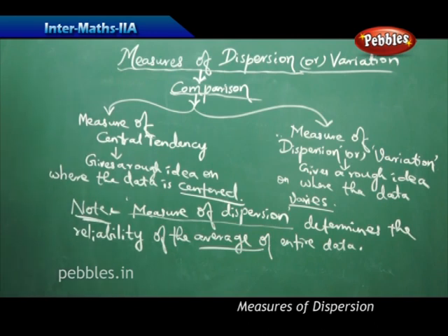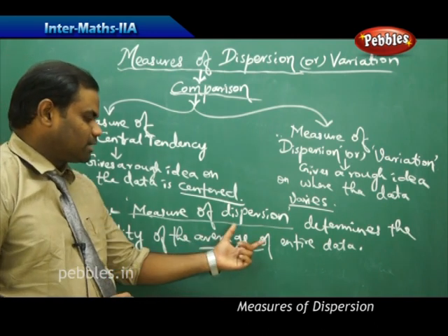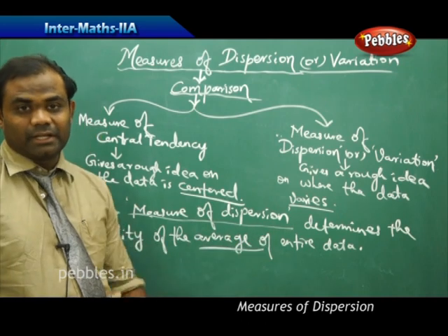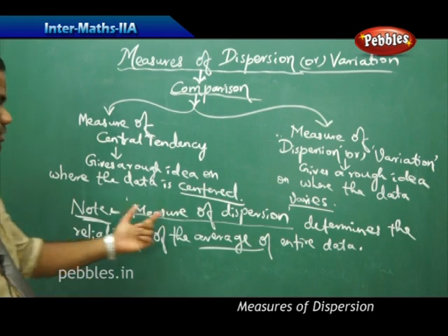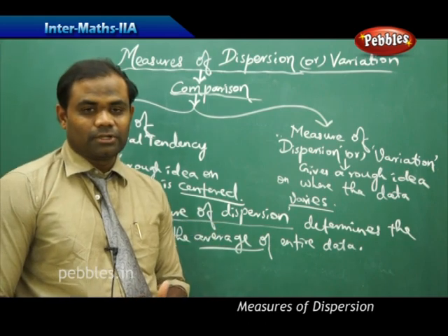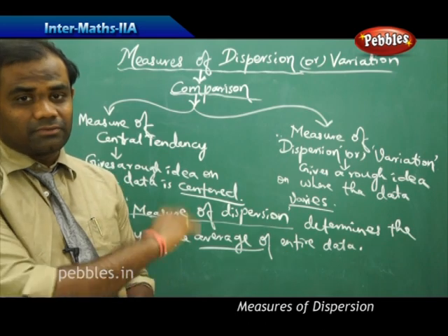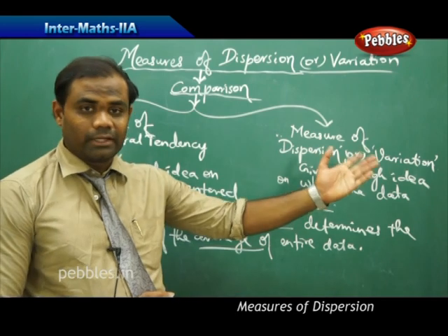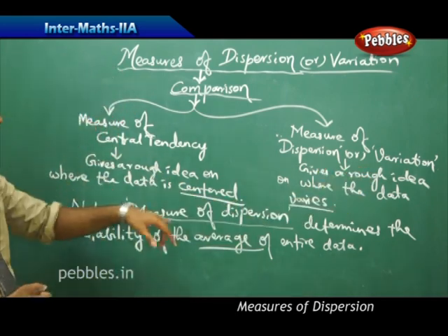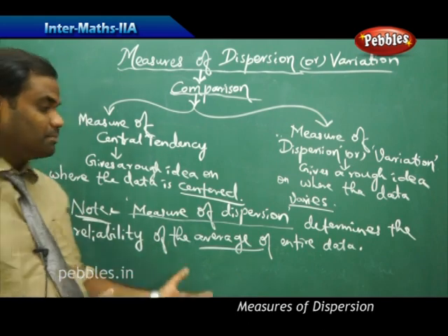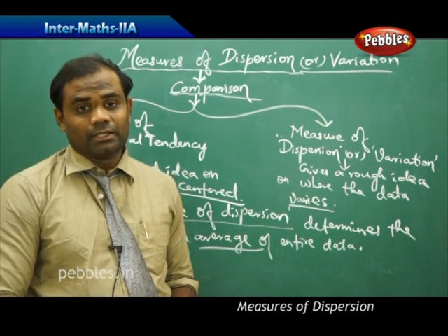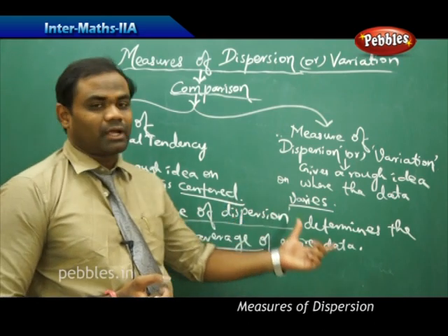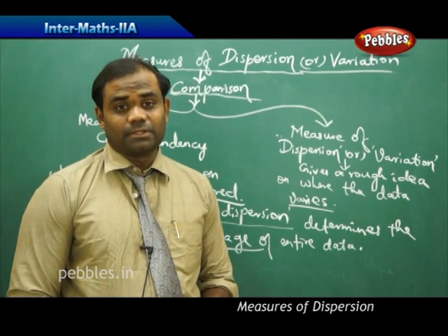That is, the average which can be considered in investigation, that is the representation of the average in the entire data, can be estimated through the measure of dispersion, because the measure of dispersion determines where the data is varying more and hence its average changing accordingly through that varying data. This is how the measure of dispersion helps in determining the reliability of the average of entire data. This is a very important note to make in connection between measure of dispersion and measure of central tendency.